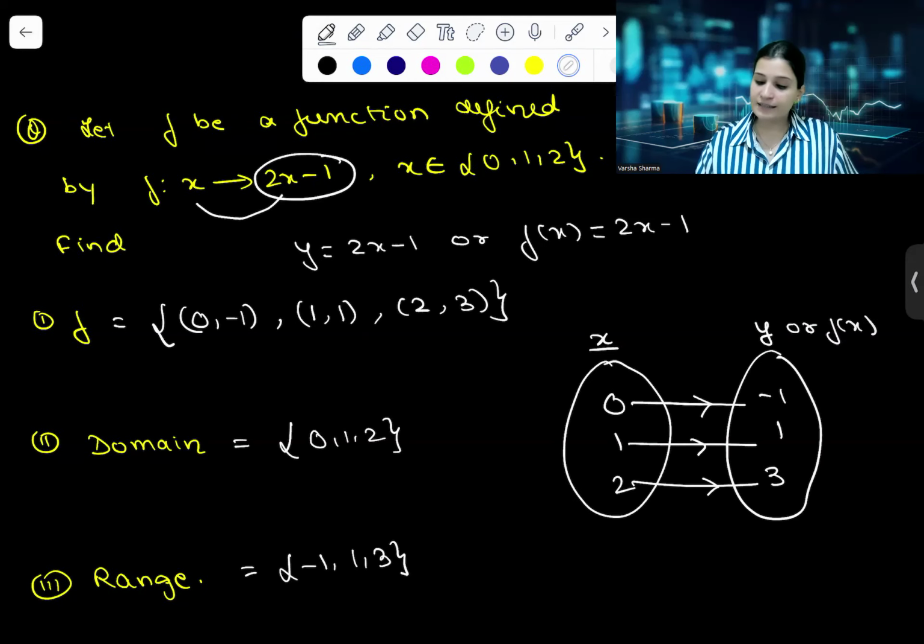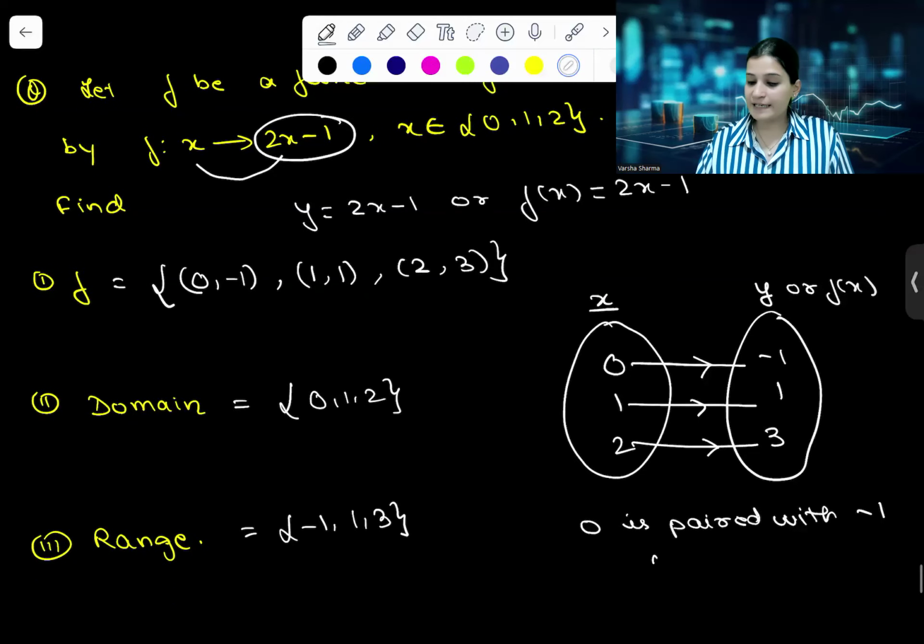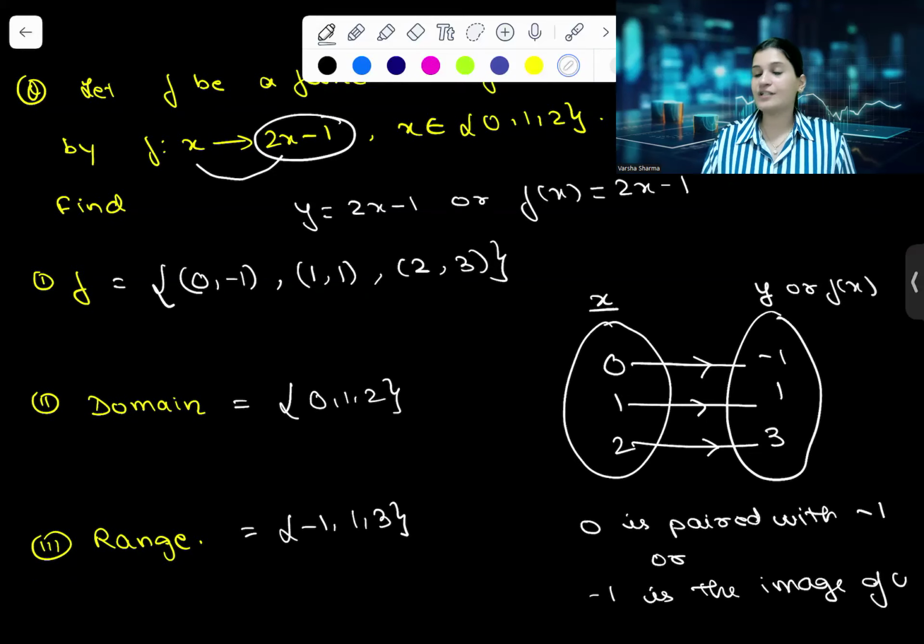So I can say that 0 is paired with minus 1, or I can say minus 1 is the image of 0.